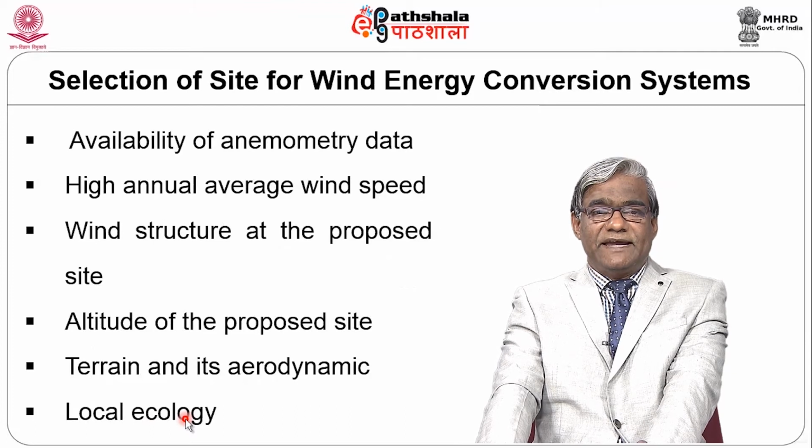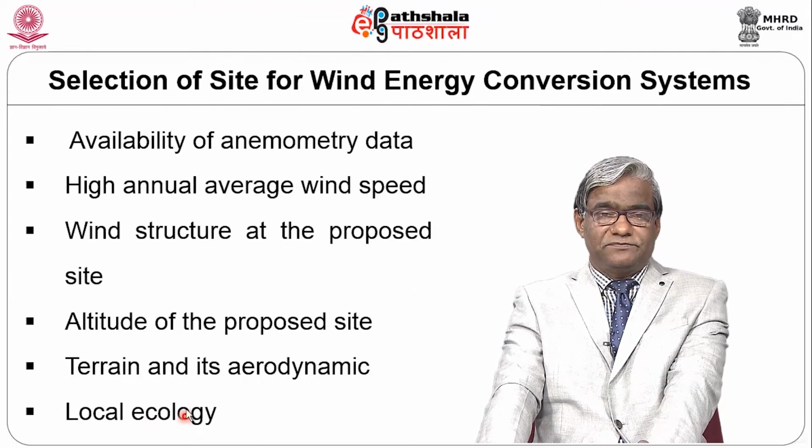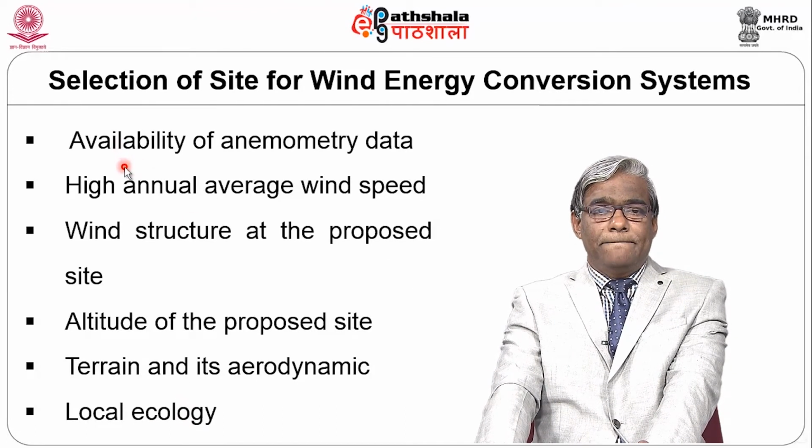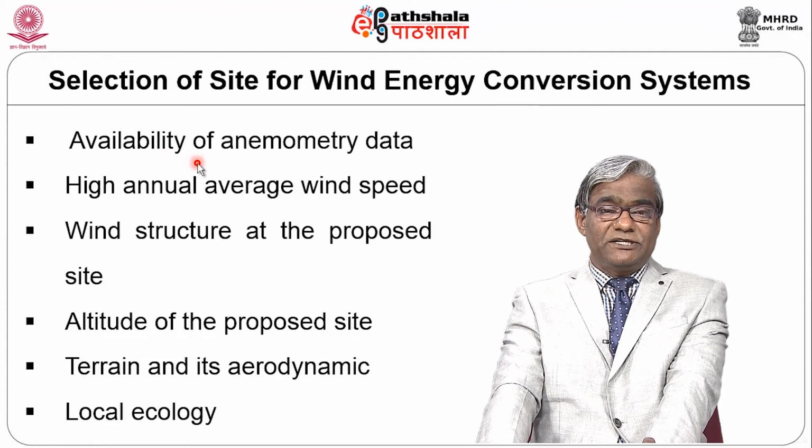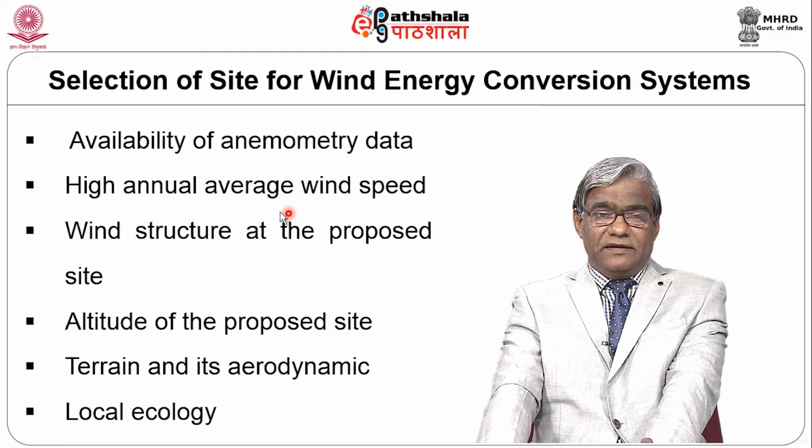And the selection of site for wind energy conversion system. Before we select the system, we have to see the availability of anemometry data. Throughout the year, what kind of wind speed is prevailing, we have to have the anemometry data. Anemometer is used to measure the wind velocity and high annual average wind speed, and in that particular location, throughout the year we have to have the data.